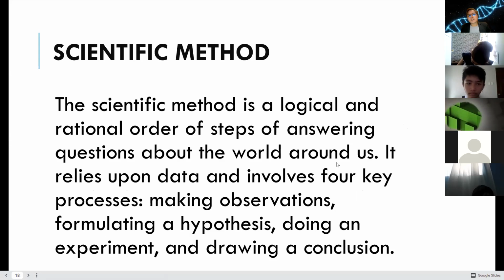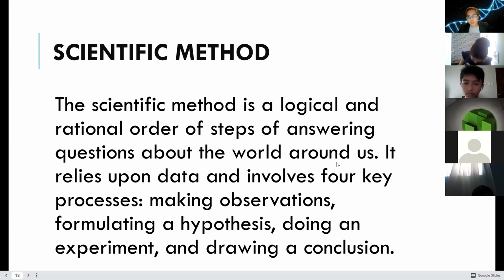Let's move now to the scientific method. You will be using all of those, the integrated science process skills and the basic science process skills, in the scientific method. So this is the main lesson of the integrated science process skills. This is now the application. The scientific method is a logical and rational order of steps for answering questions about the world around us.